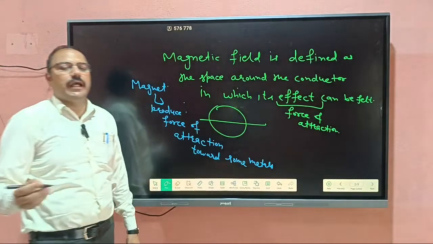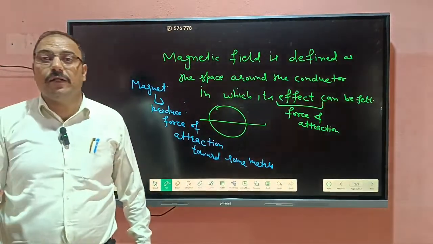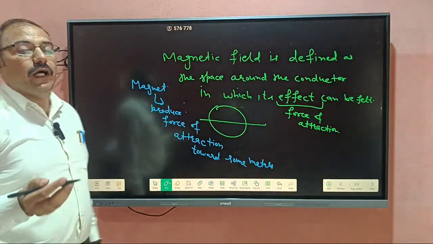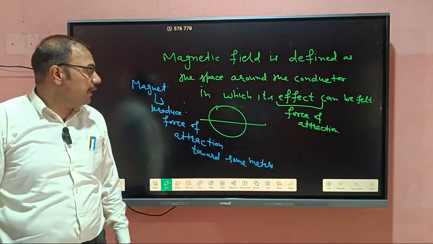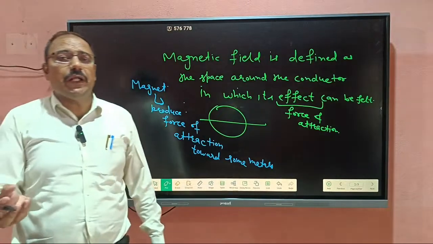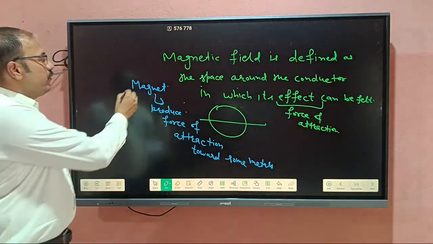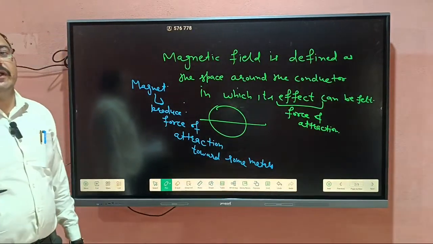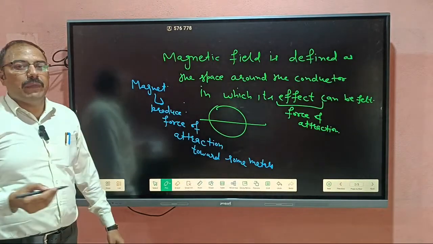These metals may be iron, nickel, cobalt, and chromium. These are known as magnetic metals. So what happens when we bring some particles of these metals near this magnet? They are attracted by the magnet.